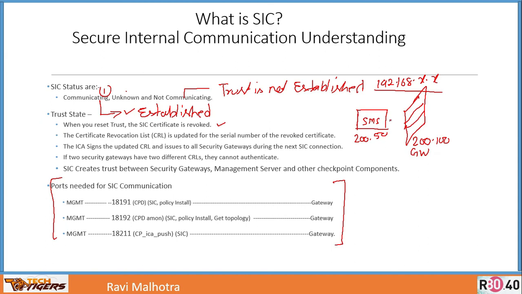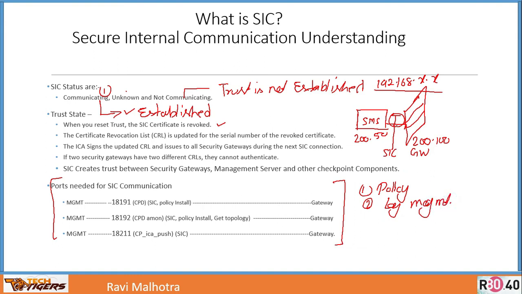Before the Smart Center server can install a policy, there should be a trust between them. This trust is basically known as Secure Internal Communication. SIC performs two things. One is that you will be able to install policy, and the second thing is log management.